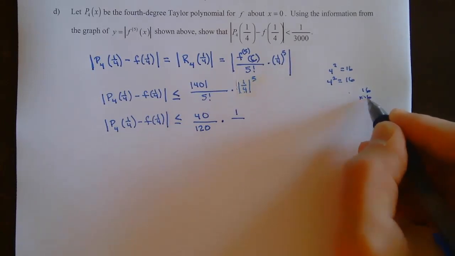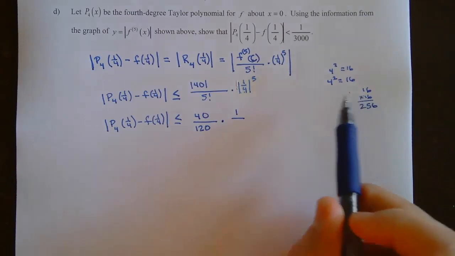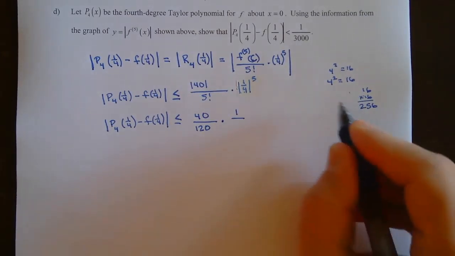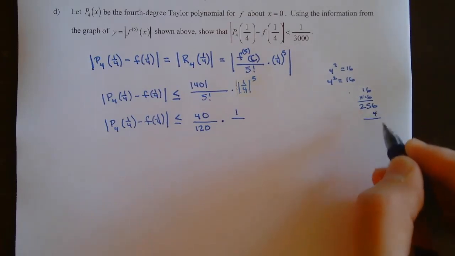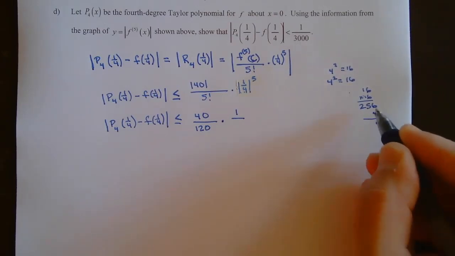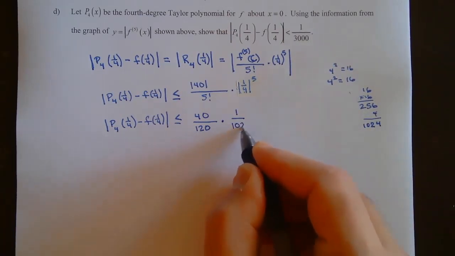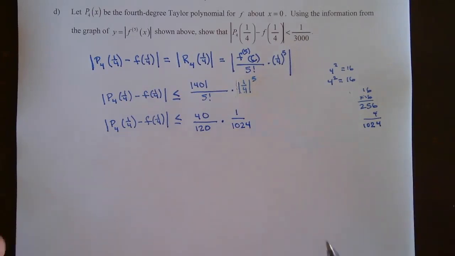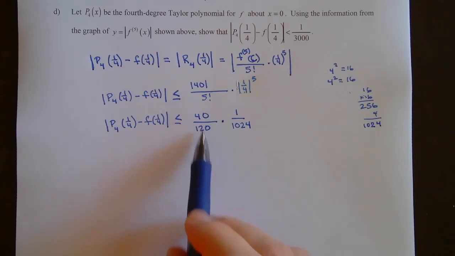And then times another 4, because then that would be 4 to the 5th. So 4 times 6 is 24, 20, 22, and 8, 9, 10, so 1024.